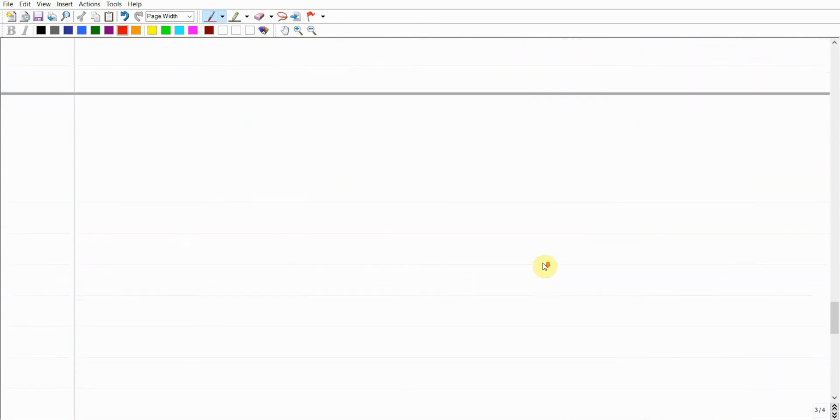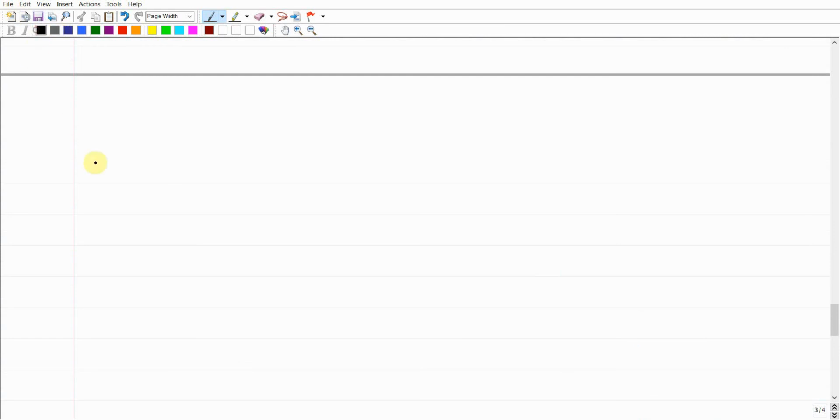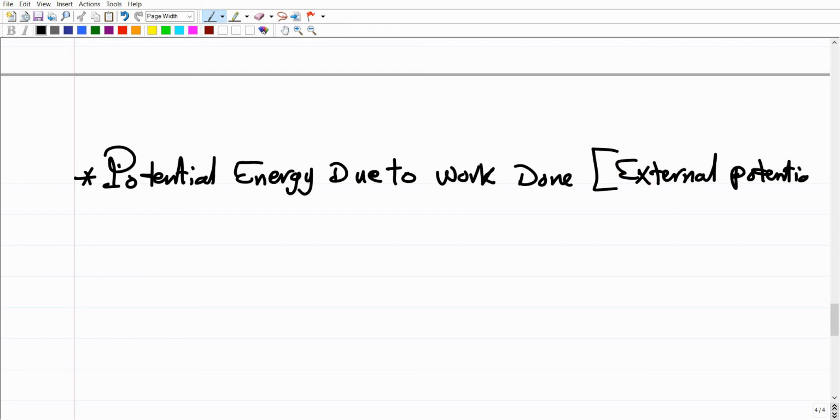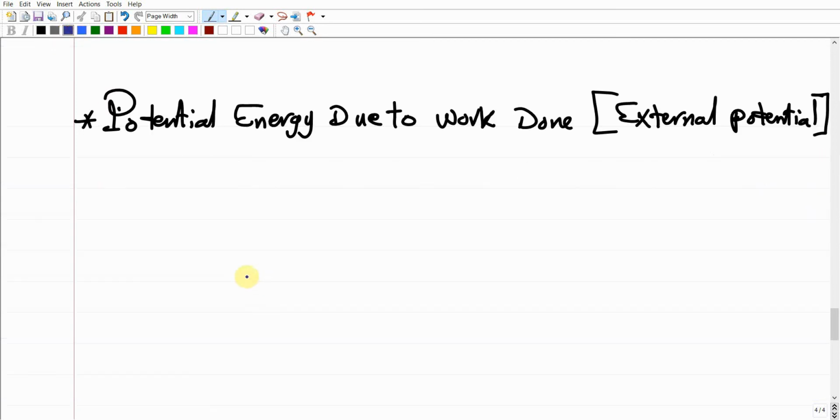But in addition to the strain energy, there should be another potential due to work done, which we're going to deal with like an external potential that assists the object. This type of potential energy we're going to give the symbol V.